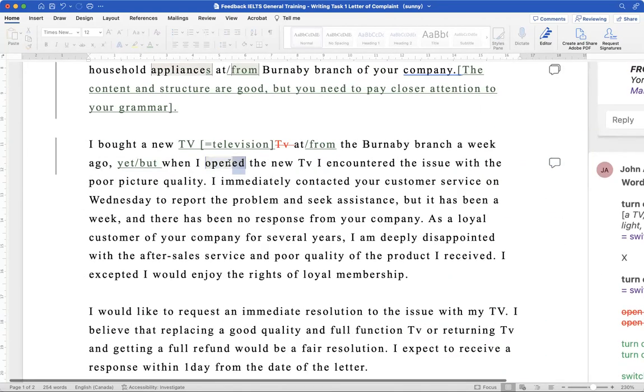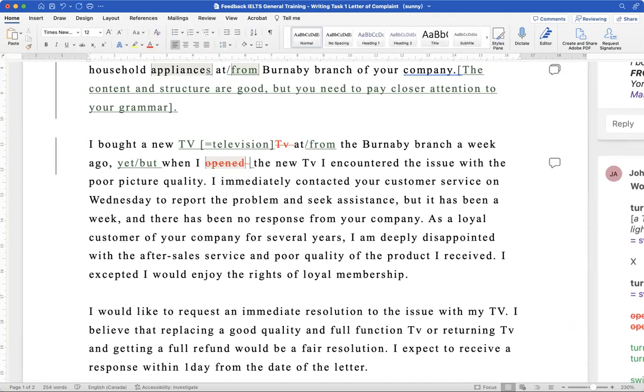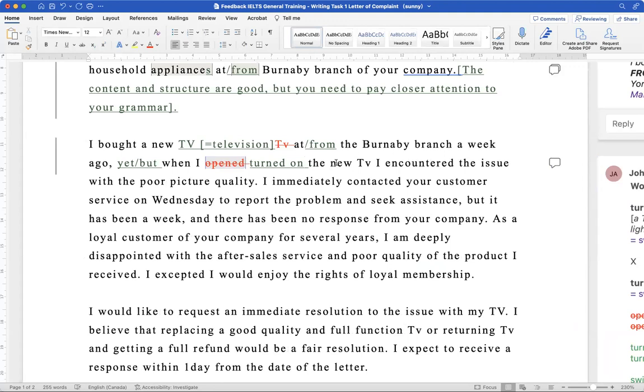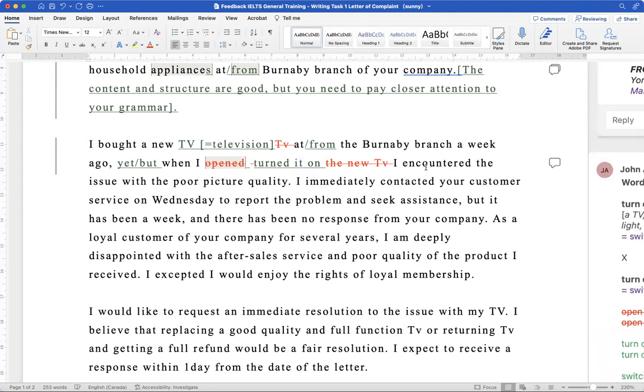When I turned on the new TV, okay, you can just use it, because repetition is not good. When I turned it on, it refers to the TV. And then you should use a comma here.